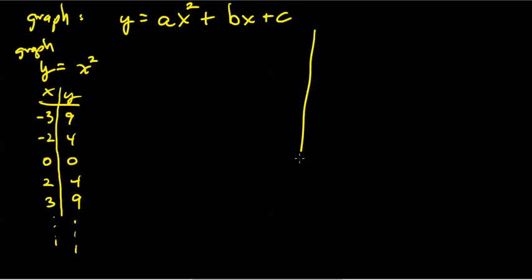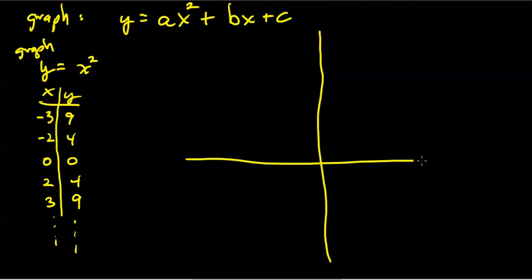The idea here is to stop and smell the roses at some point and see if we can establish a pattern emerging. Alright, let me do the best I can to graph this freehand. If x is minus 3, y is positive 9.